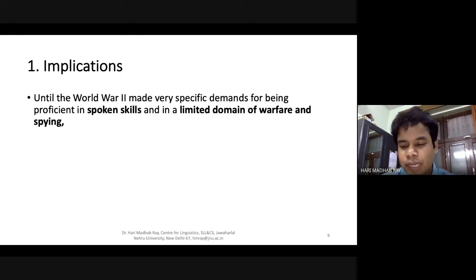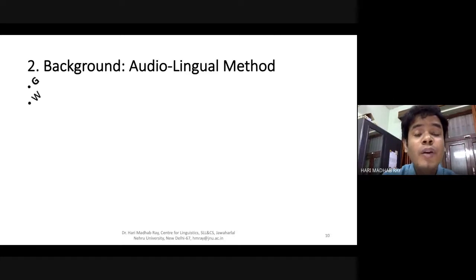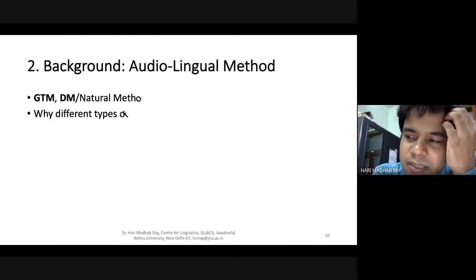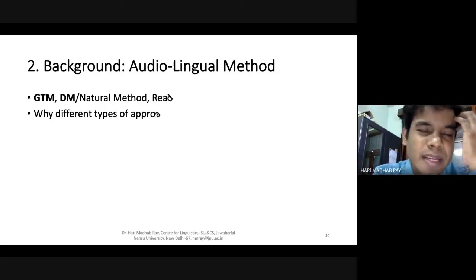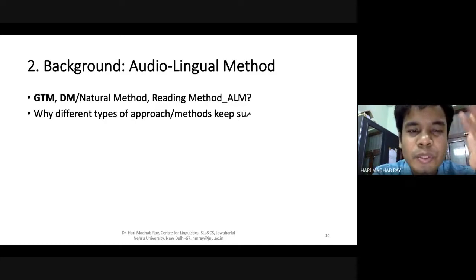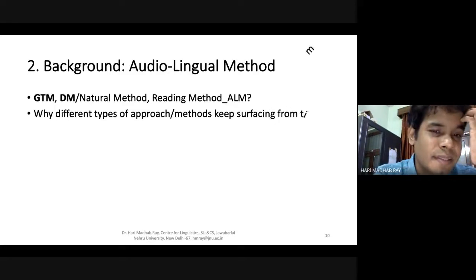And in this time, the three methods that helped were the grammar translation method, the direct method, and the reading method. After that, people felt that these three methods are not enough. Whether you talk about the grammar translation method, the direct method, or the natural approach, which came later on, after the 1970s, as I told you, it's not sufficient. So we need something else.